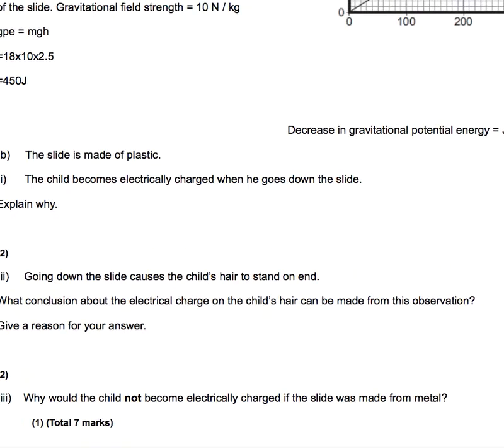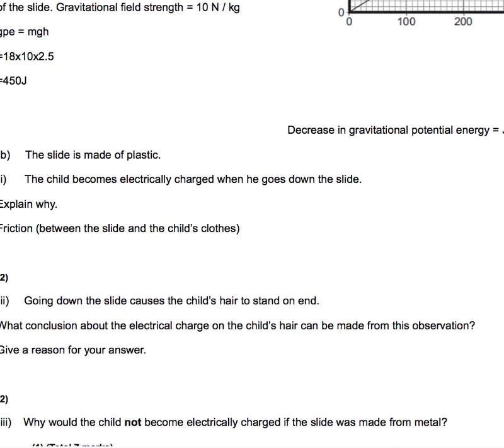Well, we have friction between the slide and the child's clothes. You could talk about the child rubbing against the slide, or 2 insulators rubbing together, friction between 2 insulators, something like that.